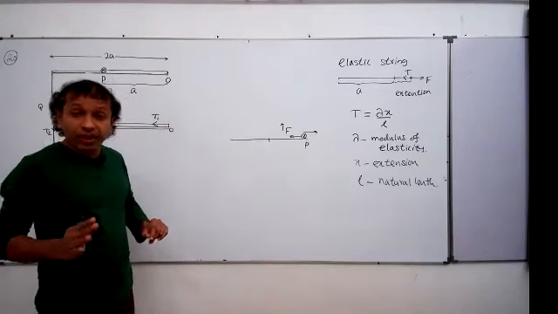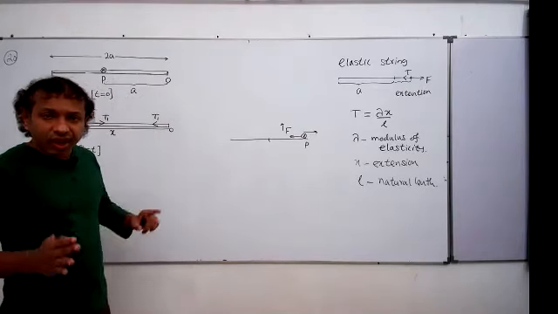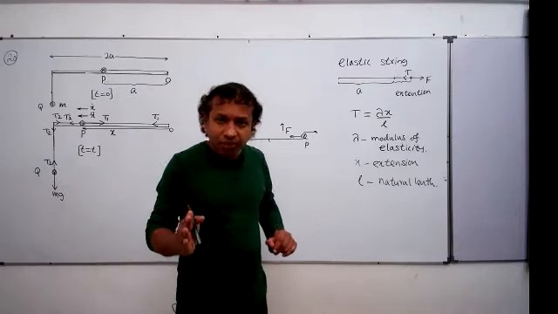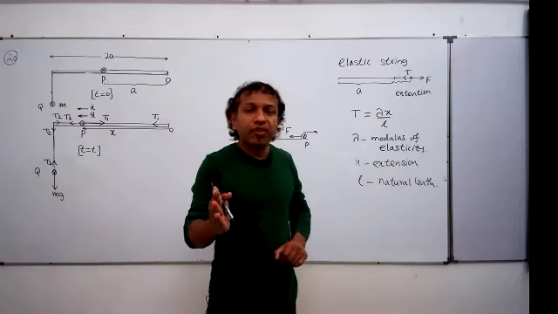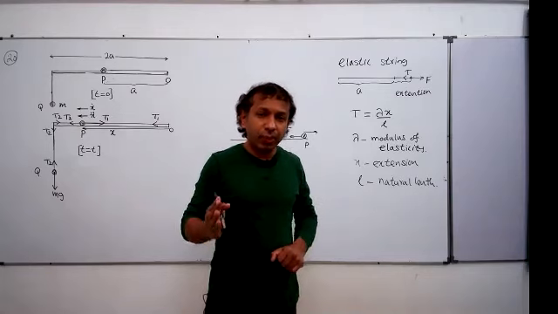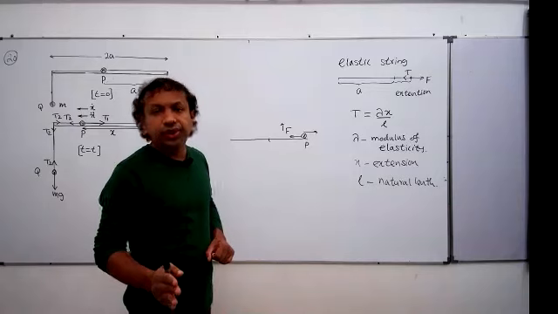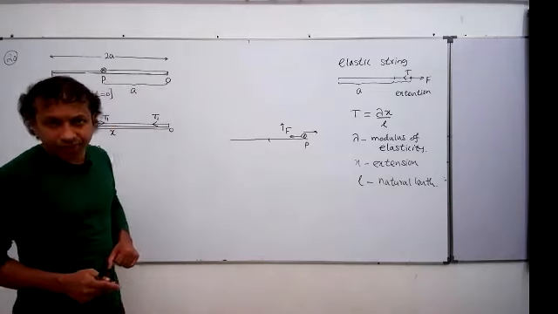Now the next thing is, at t equals t, for this diagram of the particles, we apply F equals ma. Therefore, we apply F equals ma at what occasion? At t equals t occasion.